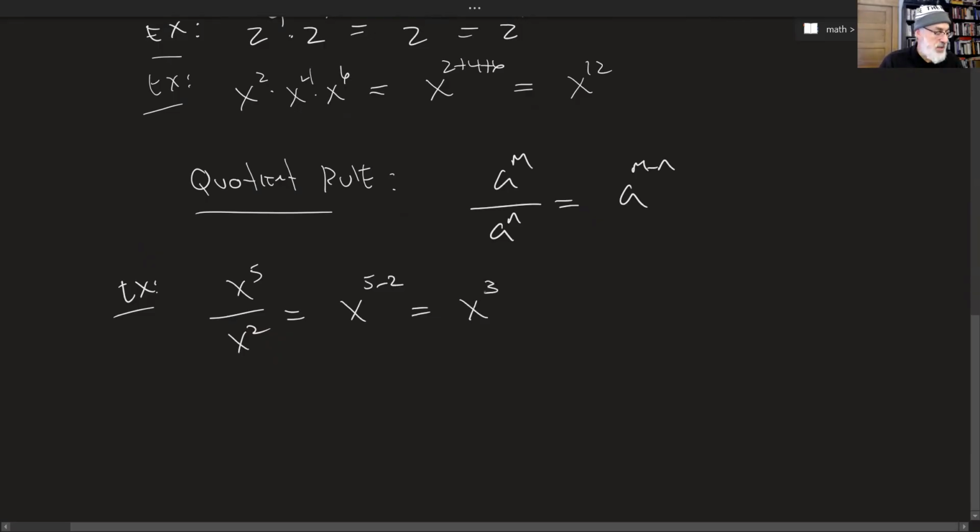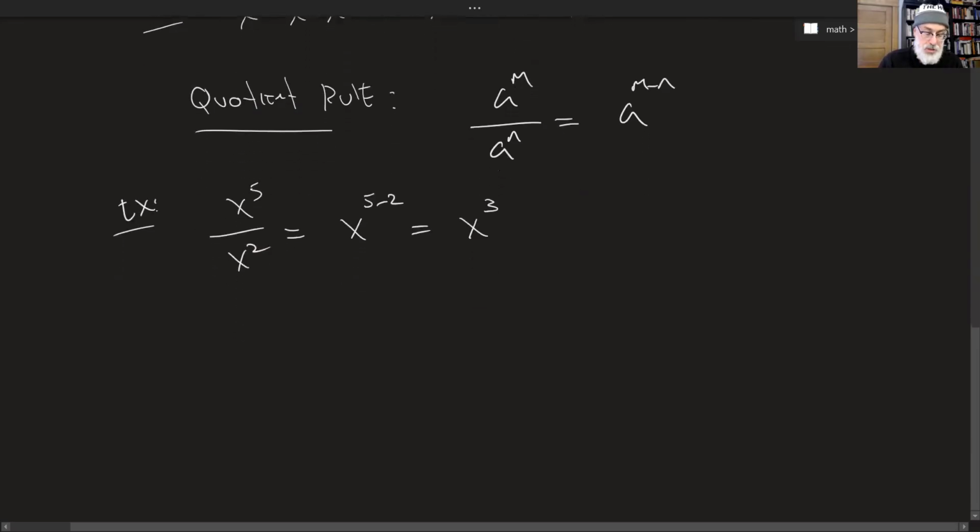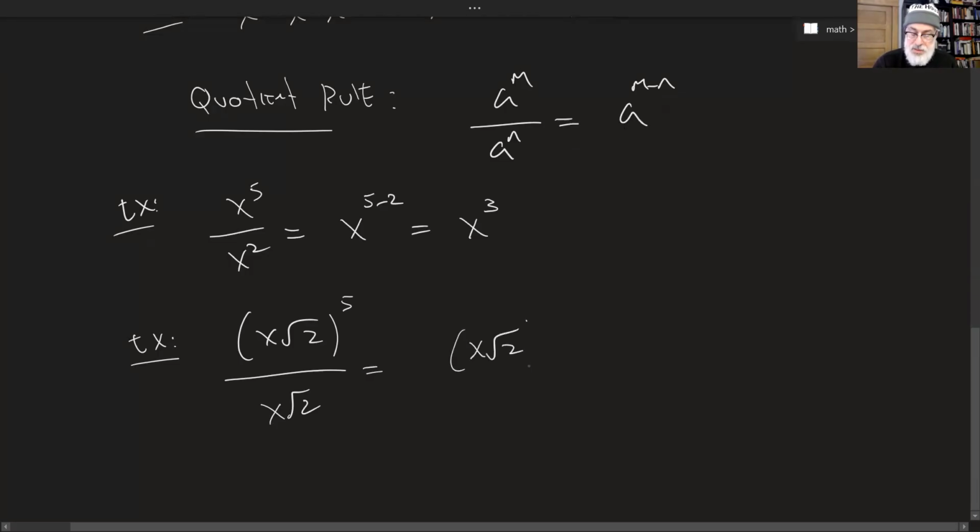It's a way of simplifying, but also we can have something a little more complex. And we'll see later in this lecture that there are other ways to simplify something like this. But for now, we're just interested in the quotient rule application. So this will be x times the square root of 2 to the 5 minus 1, which is x times the square root of 2 to the 4. Now, a question you might have is, where did I get that 1?